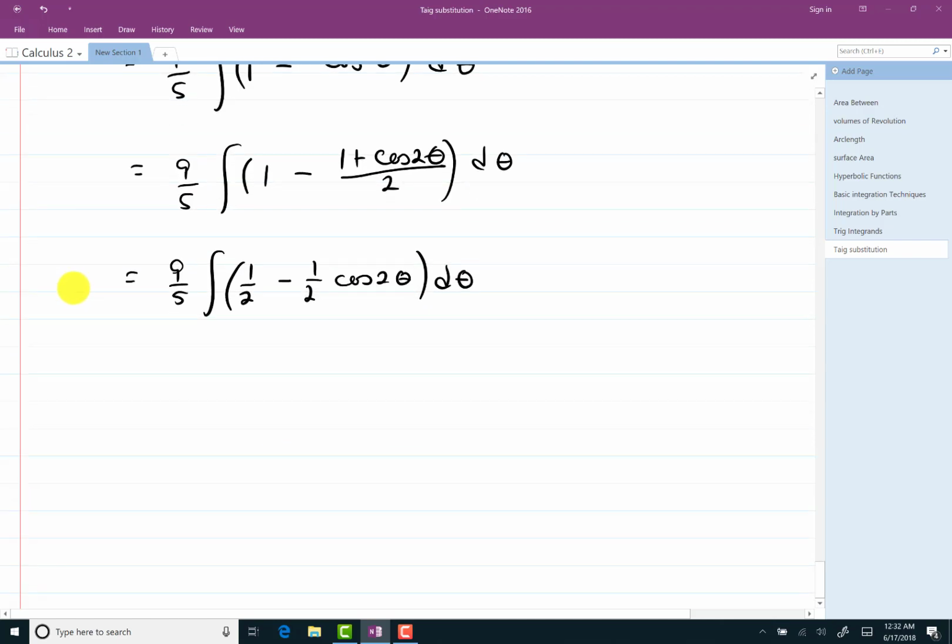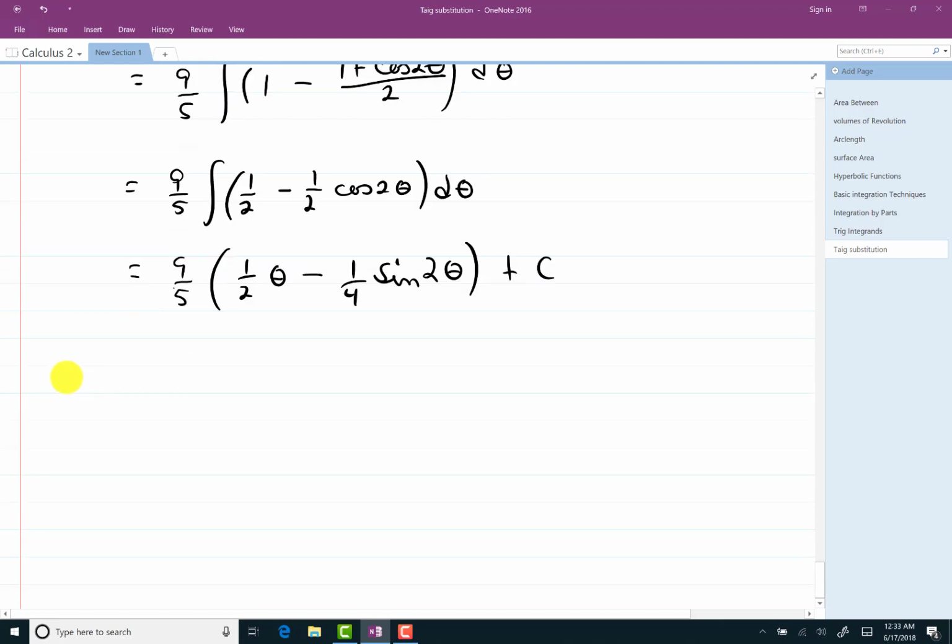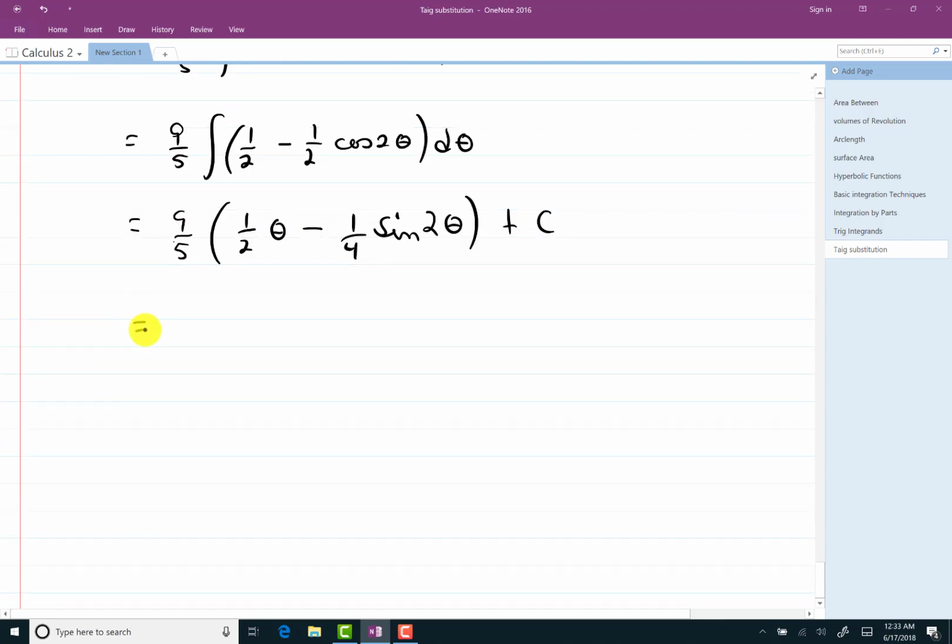And now I'm ready to integrate. I'll get 9/5 times 1/2 theta minus 1/4 sine of 2 theta. I've done that enough that I'll let you go back and look it up if you can't remember. I get 9/5 times 1/2.